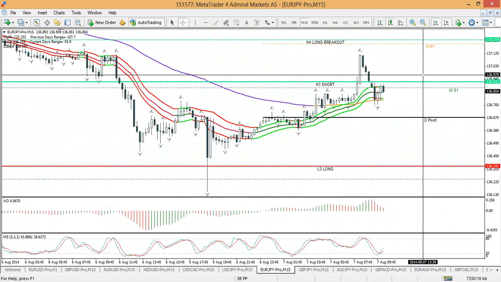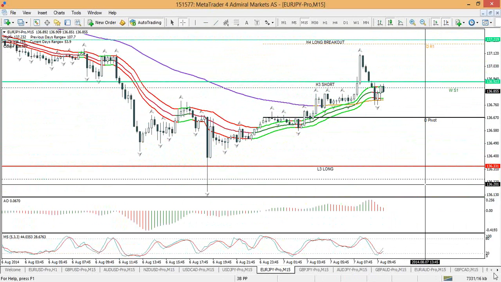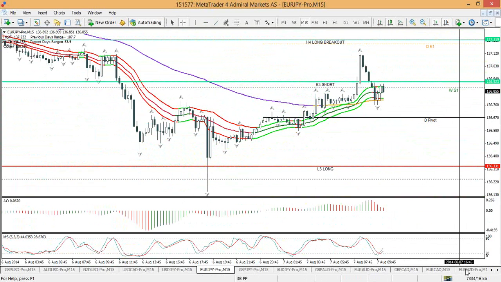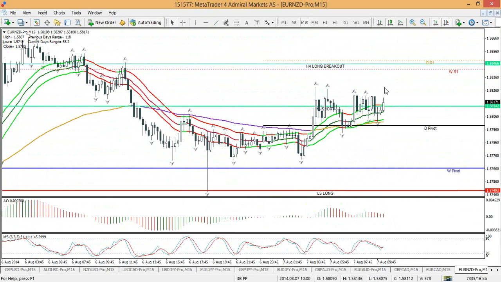How about the Euro New Zealand? Those are the four I'm keeping an eye on: Euro New Zealand, Euro Yen, Pound Dollar, and New Zealand Dollar. For the moment, at least. Also pushing up.